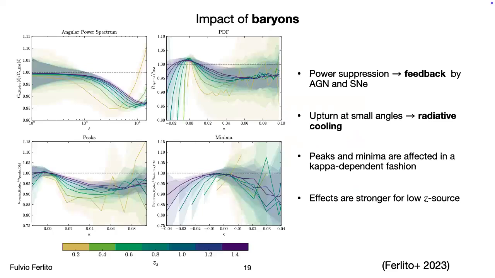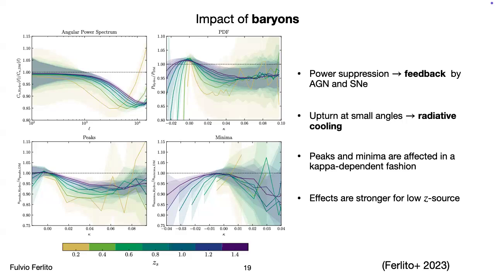We don't have to focus on all of them, but this is just to give you an idea. This is the ratio of the angular power spectrum, but we also look at other observables. For example, if we look at the PDF, we see that it gets narrowed. There is a suppression again in this area, and then an upturn, again eventually connected to radiative cooling.